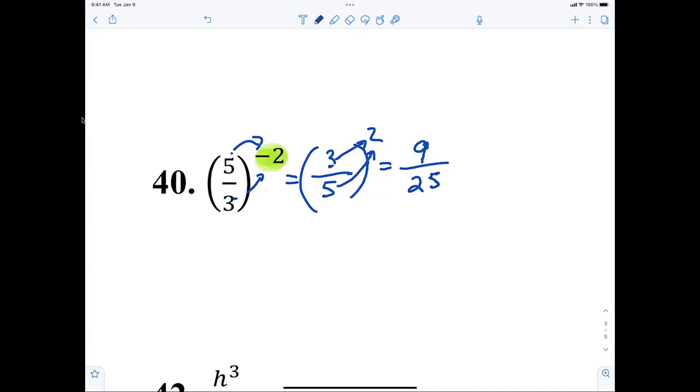And tell me what it equals. Do it right, guys. Everybody type in 5/3 to the -2. Parentheses 5/3, close parentheses, -2, and it should come out to be 9/25.